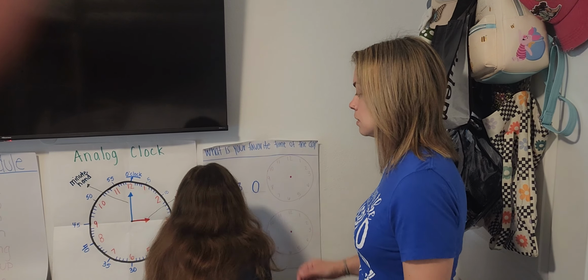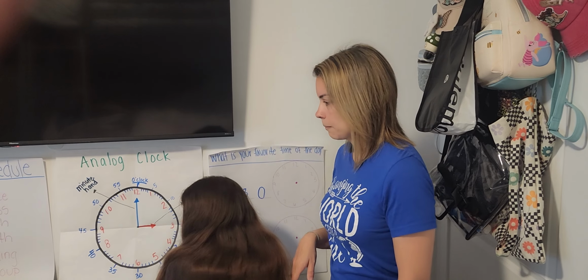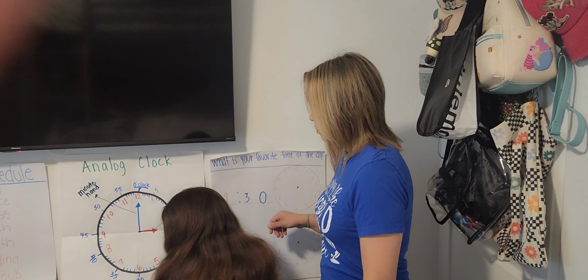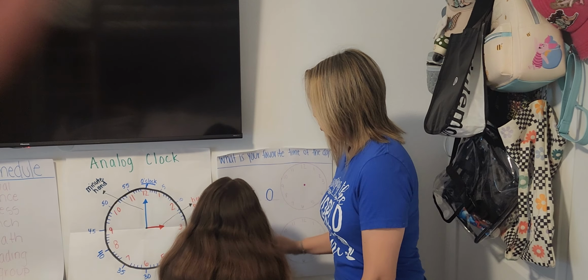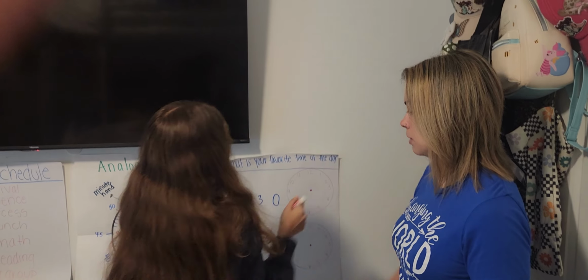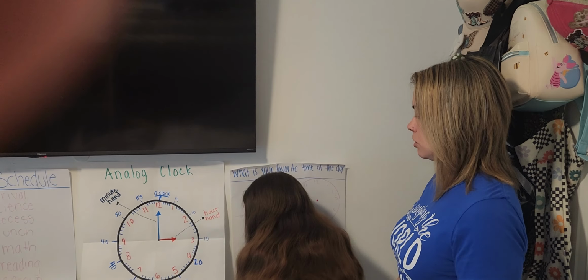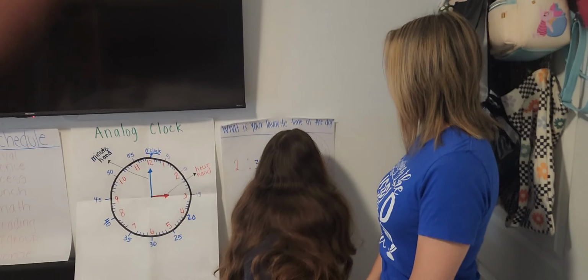Good job, Addison. Now look at your clock that you just showed me 2:30 on. Can you draw the hands on this clock that show me 2:30? Make sure you use your big hand and your little hand.